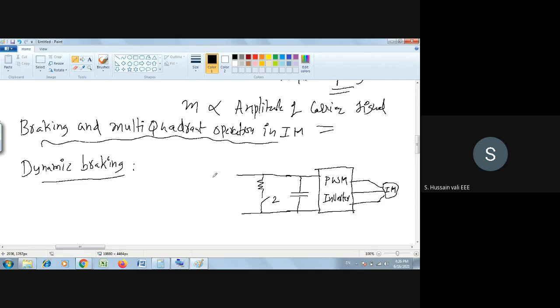Here you have another switch. Then here you have the diode bridge. Then here you have the three-phase supply.